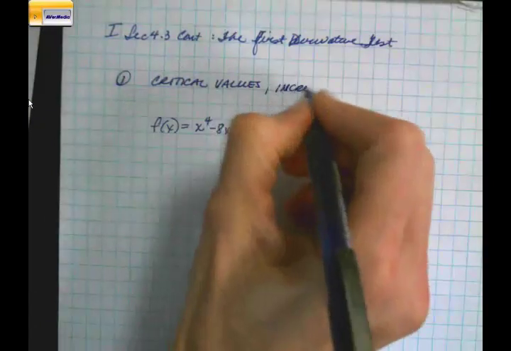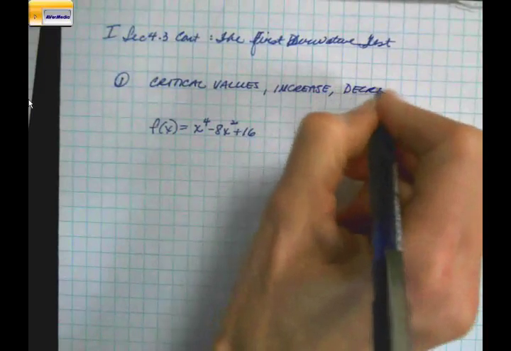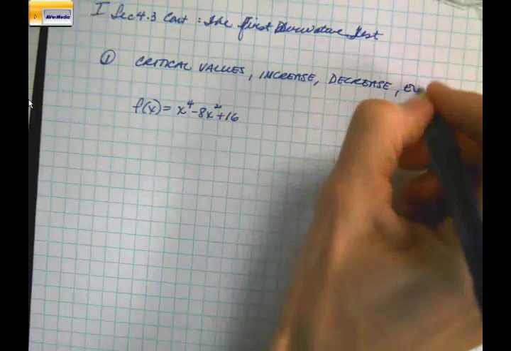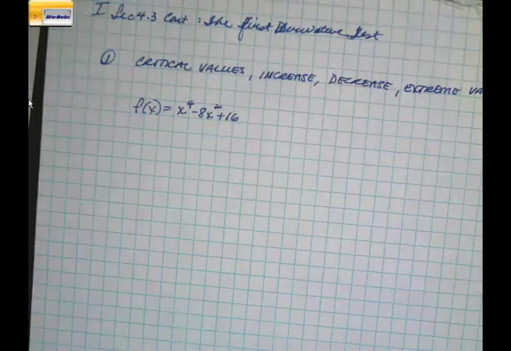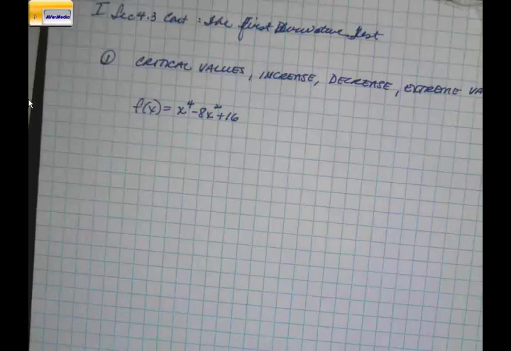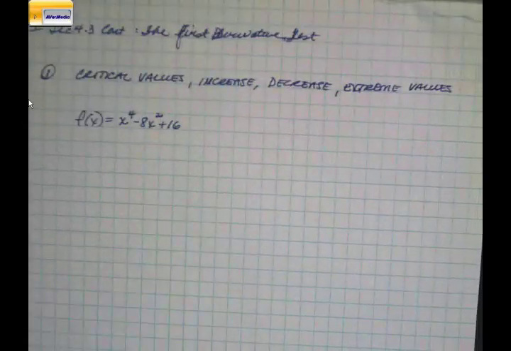Where is the function increasing and decreasing? What are the extreme values? And extreme values, remember, are the maxes and the mins. And that's all they're going to ask right now. Then when we move into the next section, they'll have more to ask us. So that's kind of a start as to what we're supposed to be doing with this function.